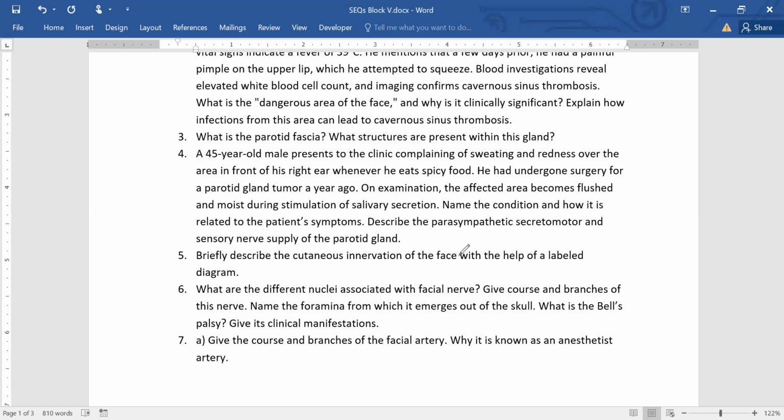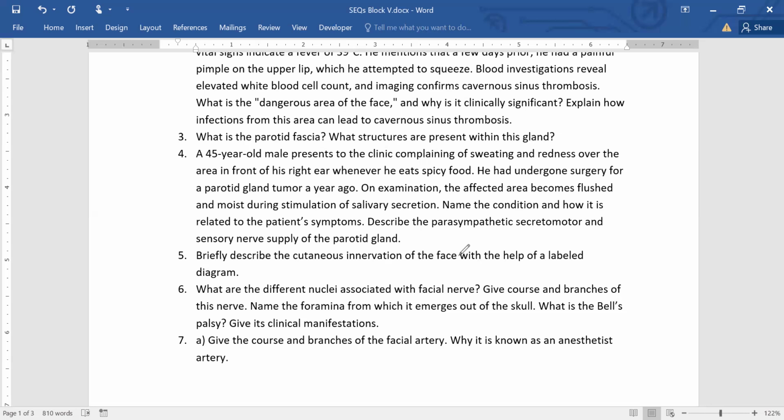Name the condition. Now they have asked about the condition and how it is related to the patient's symptom. How come the surgery of the parotid gland tumor is causing the flushing and moistening of the area of the face during stimulation of the salivary secretion?